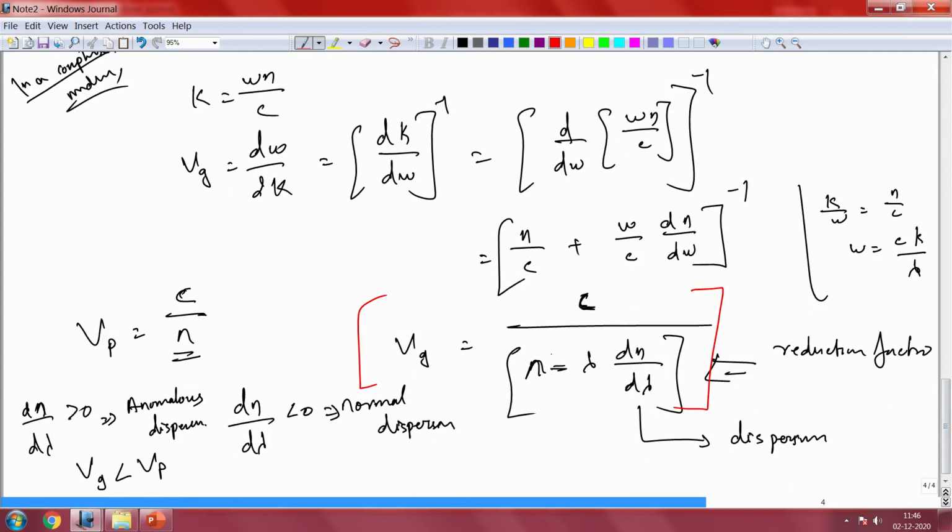So we have a negative sign here. So based on the sign of dn over d lambda, you could make it faster or slower.